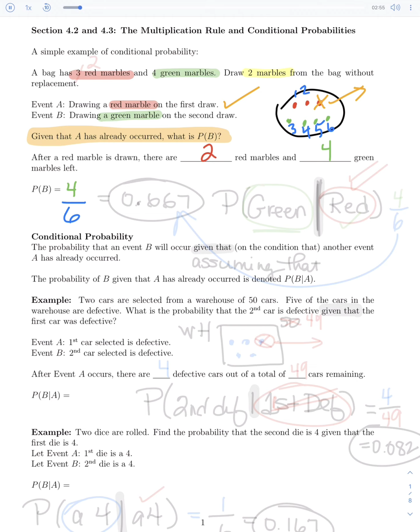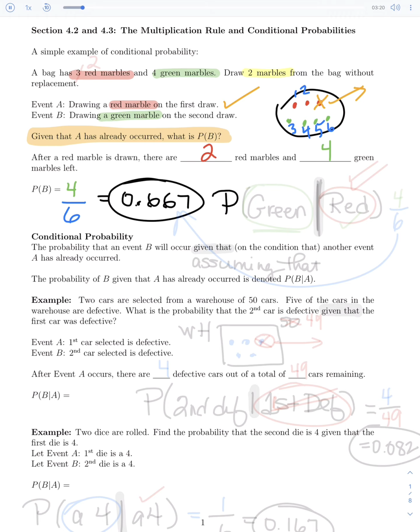So my probability of drawing a green marble after I already drew a red marble is now 4 out of 6, which is 0.667.